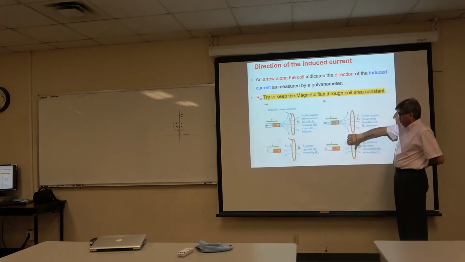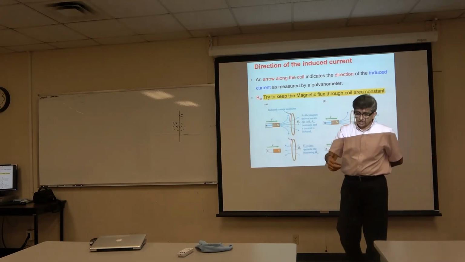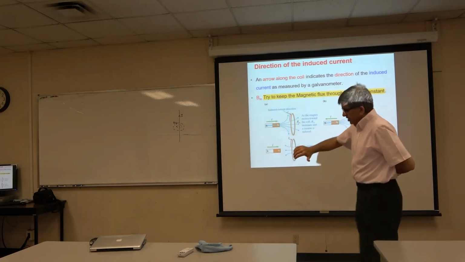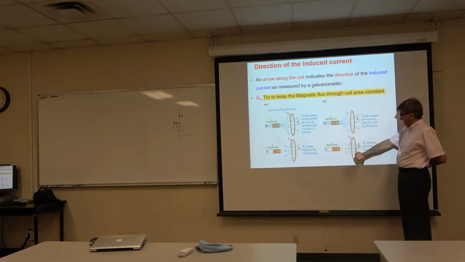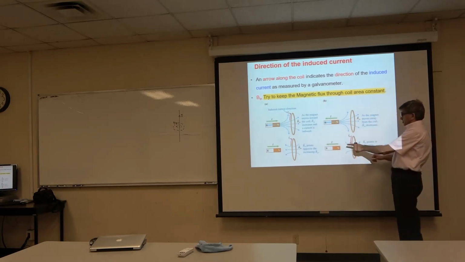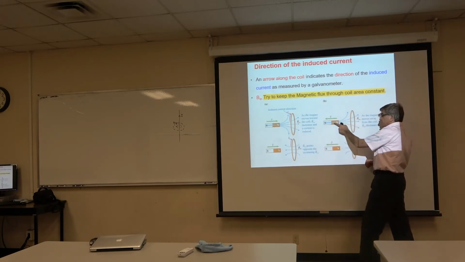Now, if I follow that, the direction of the induced current, I grasp this coil in the right hand, the thumb pointing to the direction of the current, and the curved fingers will tell you the direction of the induced magnetic field. Now, my external magnetic field is decreasing.